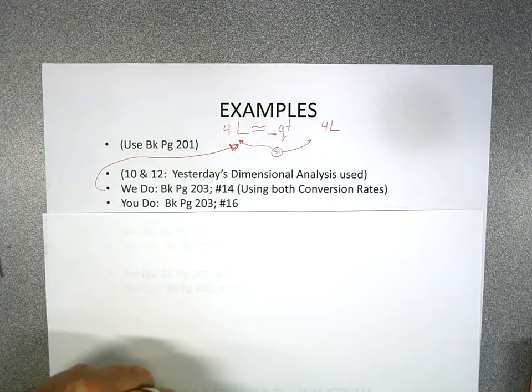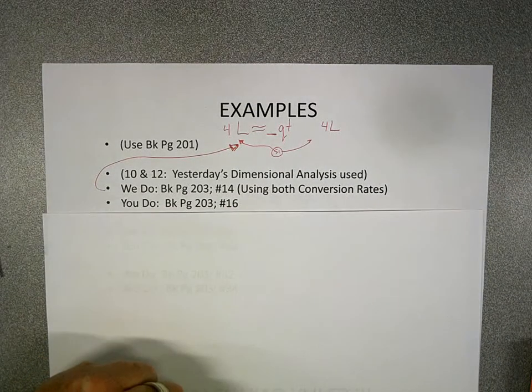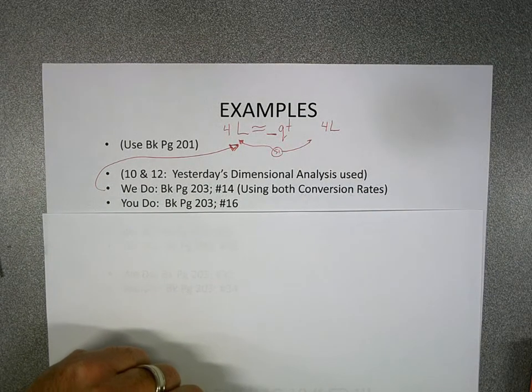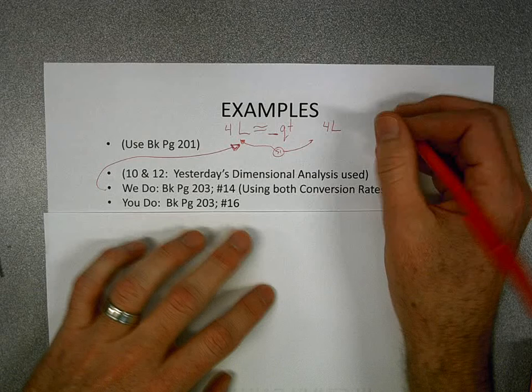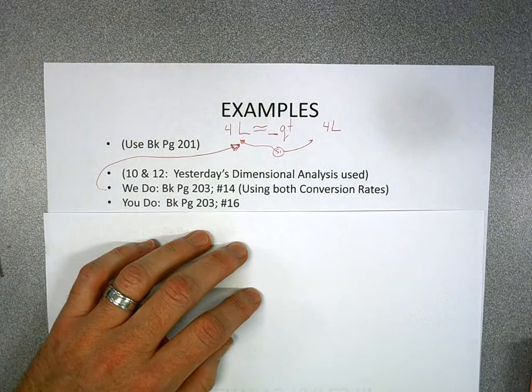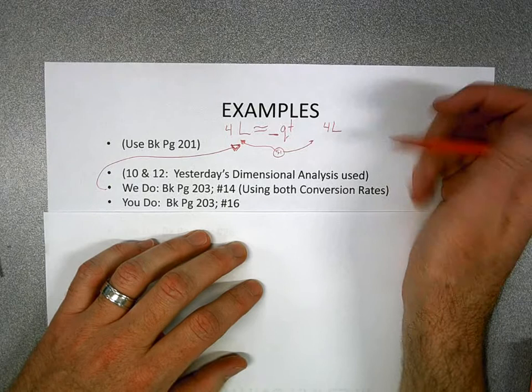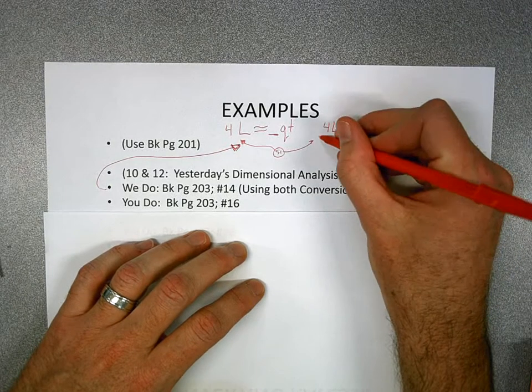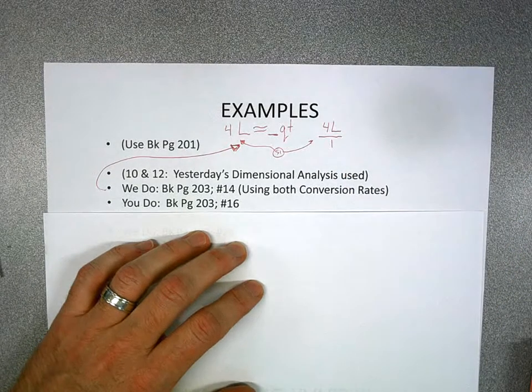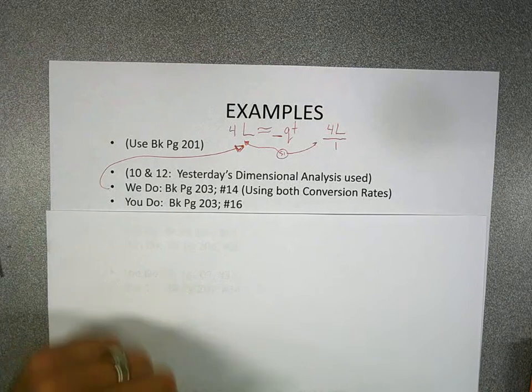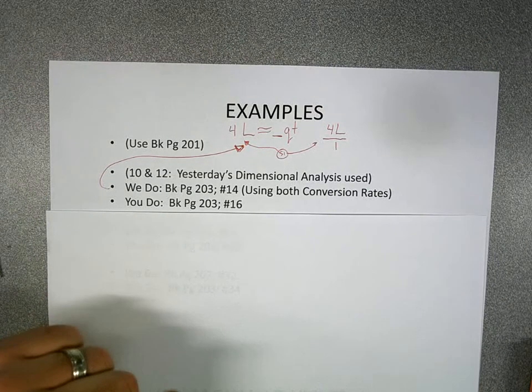And write it down. Okay, and then here's what I want you to do. Treat this kind of like you're multiplying a whole number, meaning put it over 1. 4 liters or 4 liters over 1 is the same.